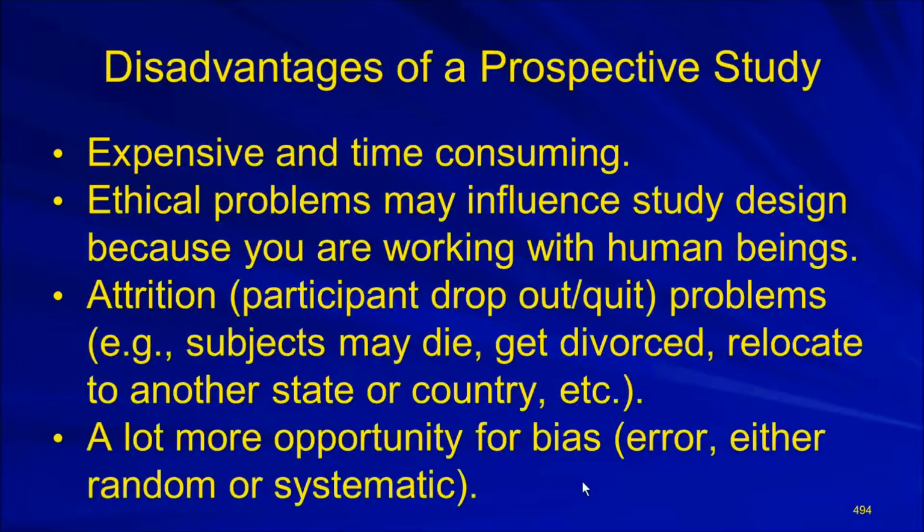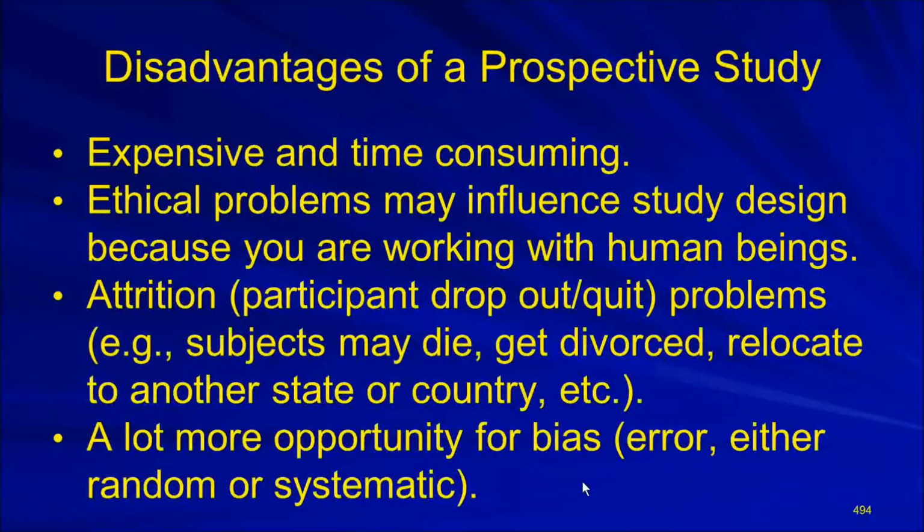And there's a lot more opportunity for bias or error, and we have random or systematic error. Random error is just what it means. If you had a migraine headache, that would be random error because it doesn't occur systematically. You can't predict it.